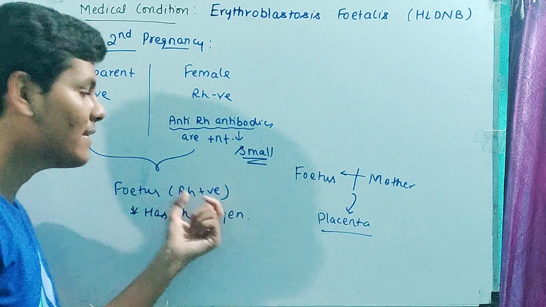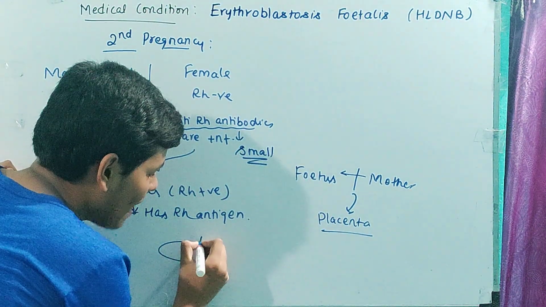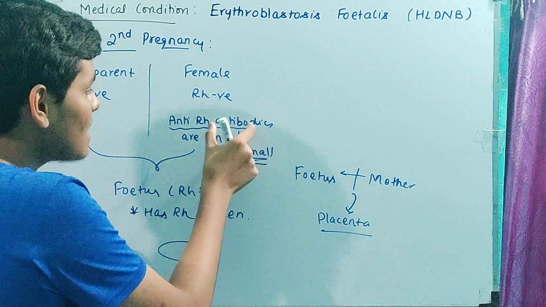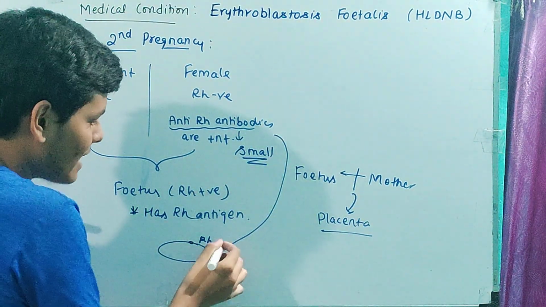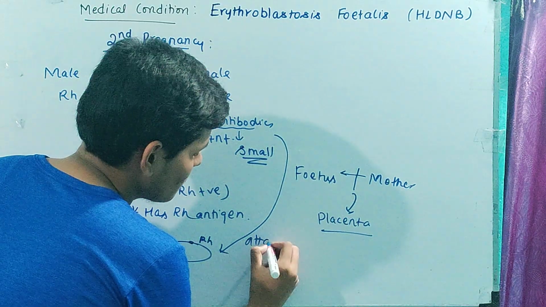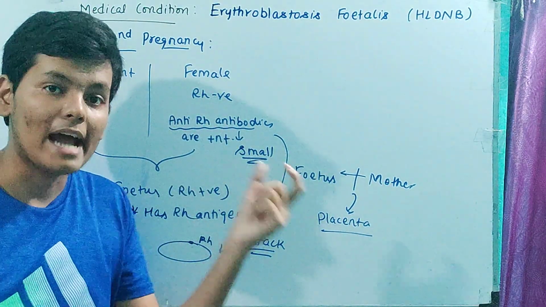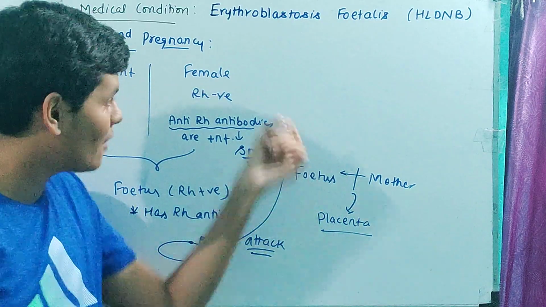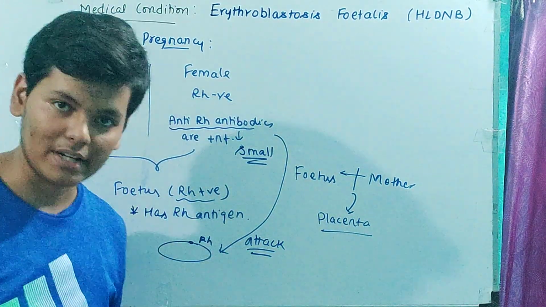Now this fetus is RH positive. If you check the RBC of the fetus, it will have RH antigen, and this antibody is anti-RH antibody. So these antibodies start attacking this. This anti-RH antibody of the mother will start attacking the RH positive blood group of the fetus.